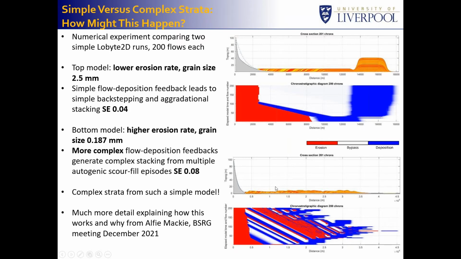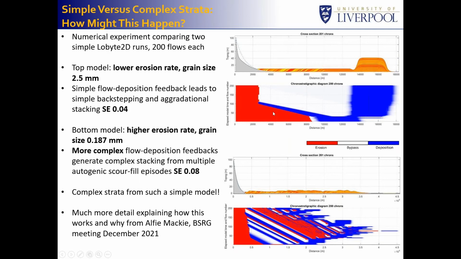The second model is the lower diagram here, which is also 200 flows, but has slightly different parameters, a slightly higher erosion rate and a different grain size, okay? And the difference between those two architectures, you can see this is much simpler. It's basically very straightforward mounds. You can probably just about see lots of backstepping of deposits accreting on the back of a slope here as the flows come down and hit the topography and deposit, and effectively that drives backstepping.